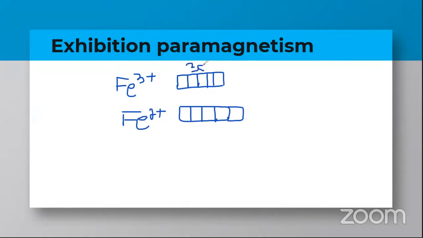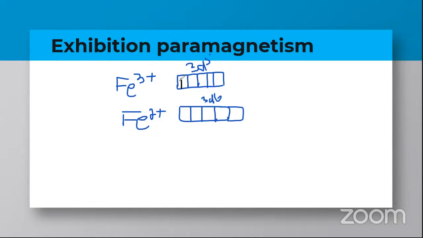You said it has how many? It has 5. And iron 2 has 6 in the 3d. So when we are putting the electrons in the 3d of iron 3, we put one electron in each orbital up to the end, and all 5 will fit there.